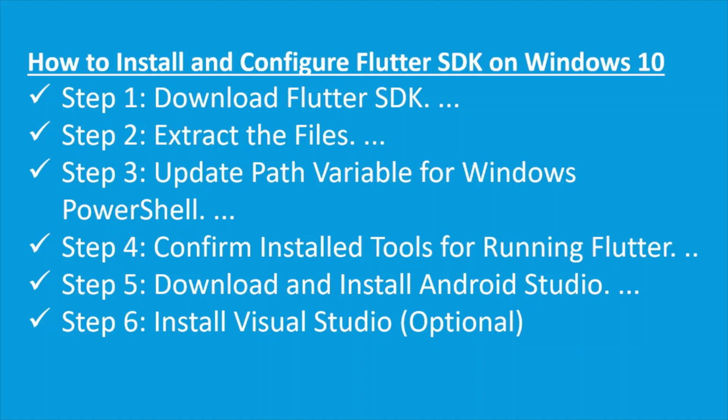Two paths were updated, in the Windows environment variables and user variables. And in the fourth step, we ran the Flutter doctor command and confirmed that the installation of components has been done properly, and if there was any issue, we resolved those.